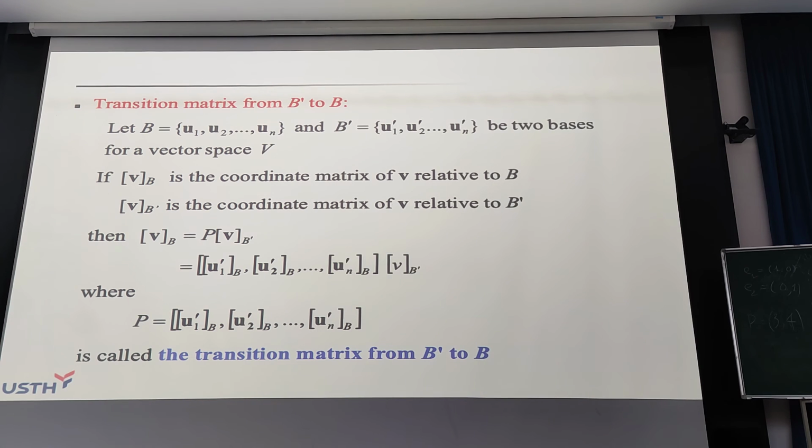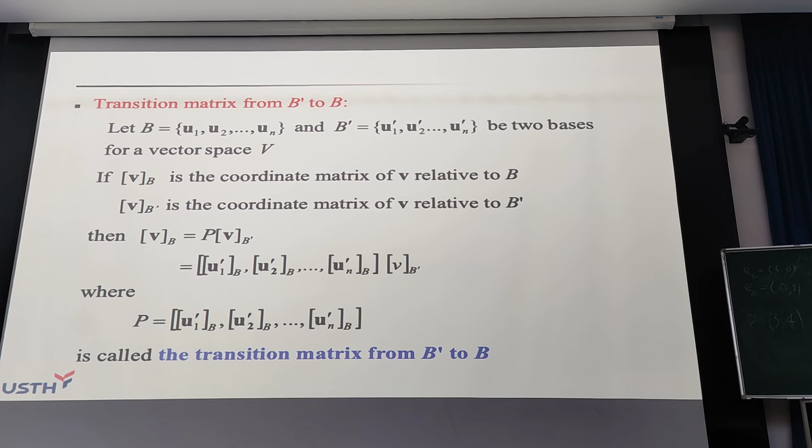So that is just a little complicated, so I need to say it in Vietnamese. But however, there is one thing I need to insist to you today and next week again. The transition matrix from B prime to B in this course or in English textbooks is quite different from the Vietnamese textbook.